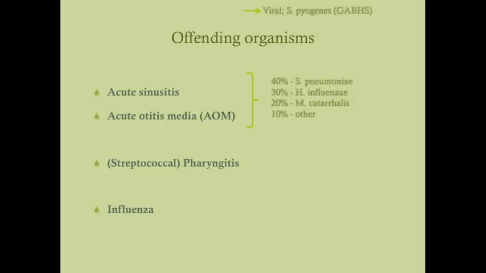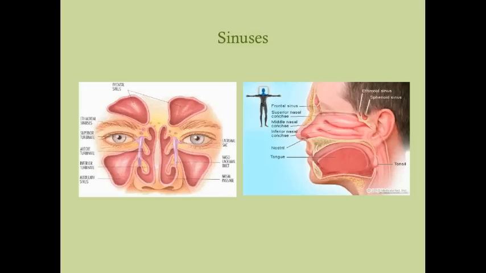Pharyngitis, most of them are going to be viral, but the important ones we need to detect are caused by group A beta-hemolytic strep, known as Streptococcus pyogenes. And influenza is caused from the influenza viruses.